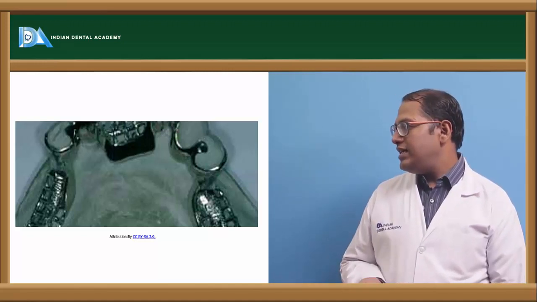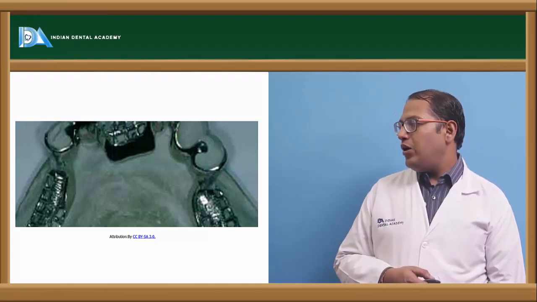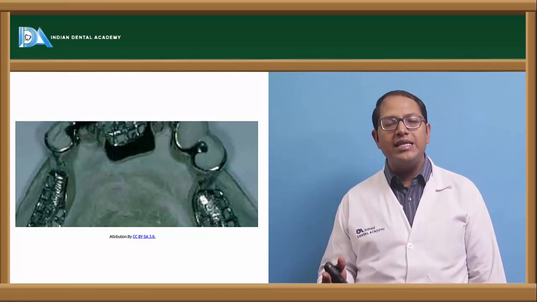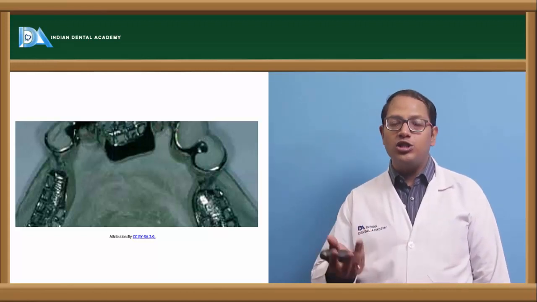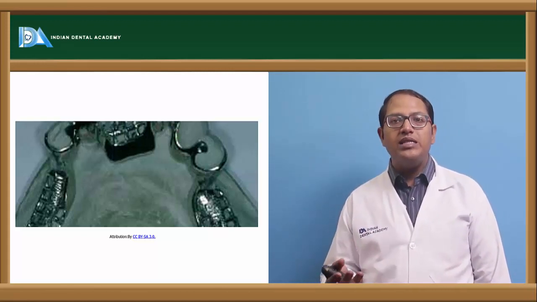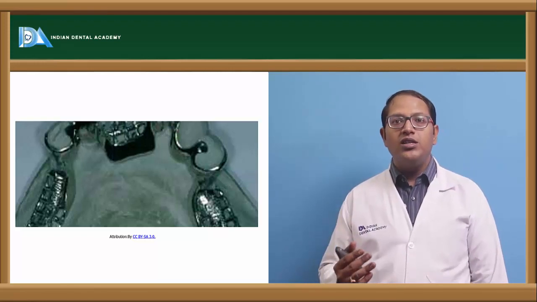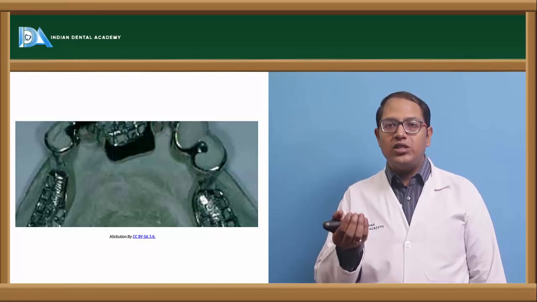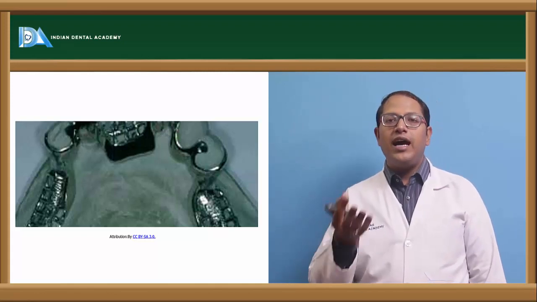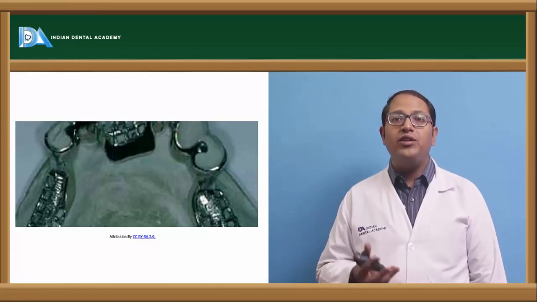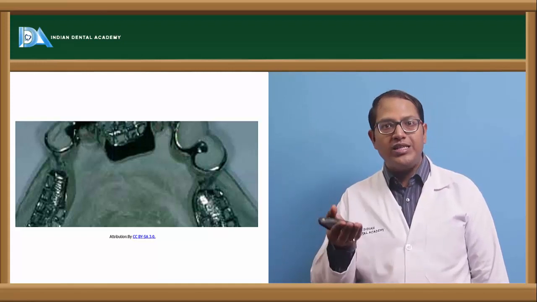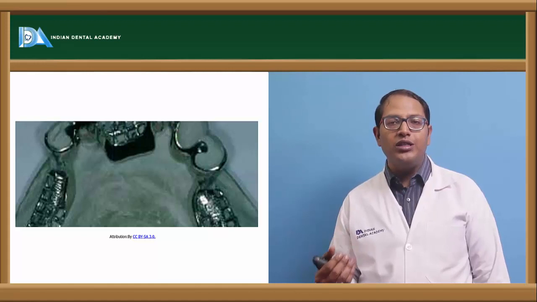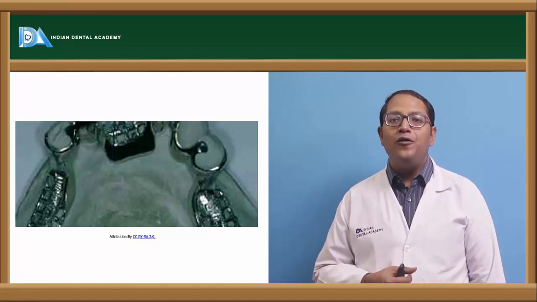And we can see here the rest which is there onto the... Now one more thing: it should be maximum on the proximo-incisal or proximo-occlusal area, so that it is not interfering with the occlusion. We have to keep it a little down from the marginal ridge, and it should be saucer shaped. It should not have any sharp line angles anywhere when you are preparing the rest seat. It should be saucer shaped, with half the length of the tooth and one-third of the width of the tooth.